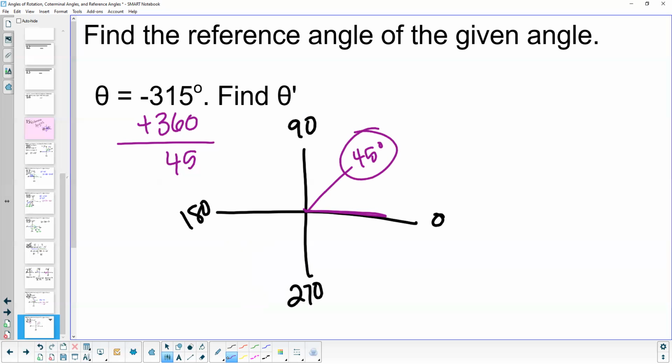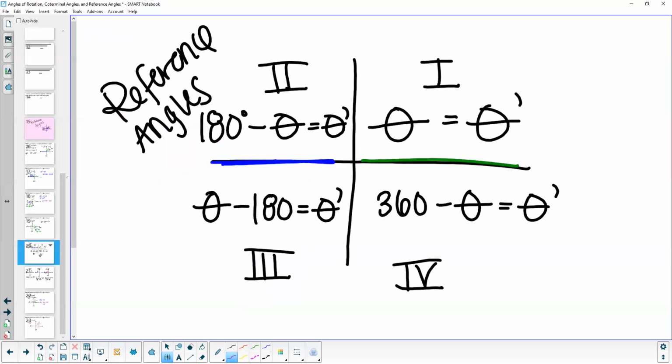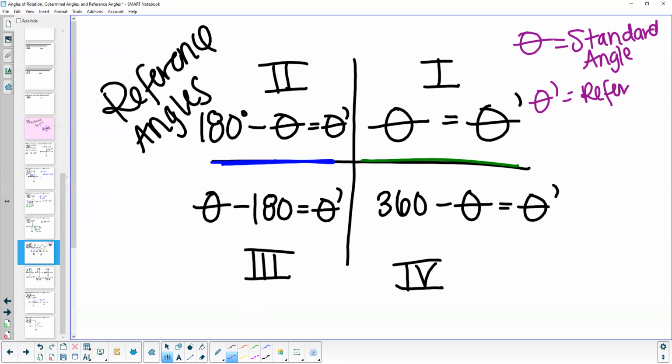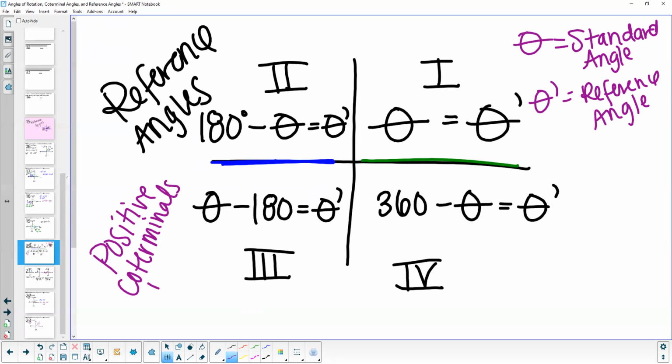So again, just to cap that off, if theta is our standard angle and theta prime is our reference angle, now this only works with positive coterminals between 0 and 360 degrees.